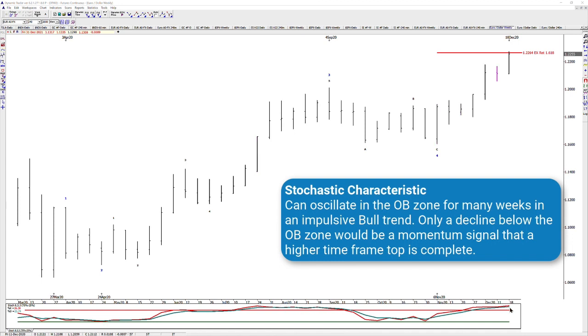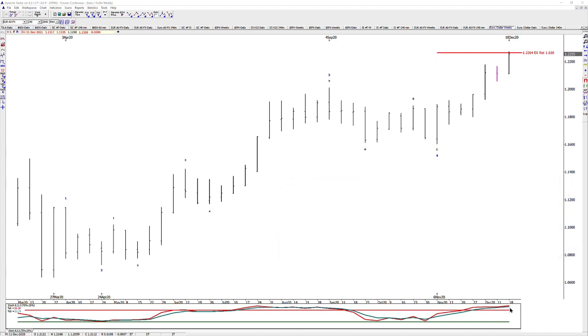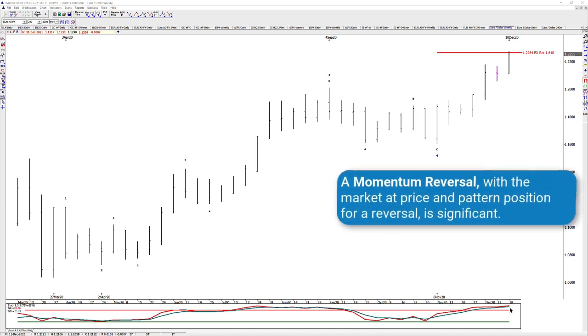However, if the stochastic makes a bear reversal in the overbought zone when the market is at price and pattern to complete a trend, then it might be a signal that the higher time frame trend is complete. So that's the difference of the stochastic, or any other indicator for that matter, making reversals when it's oscillating in an overbought or an oversold zone.